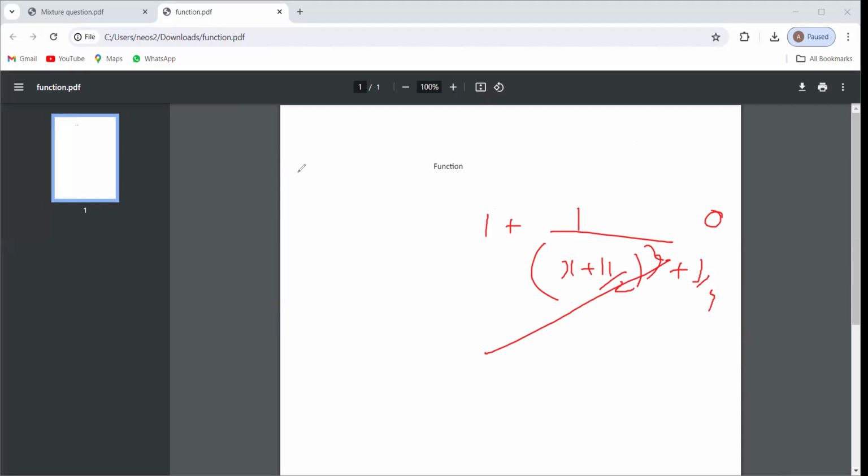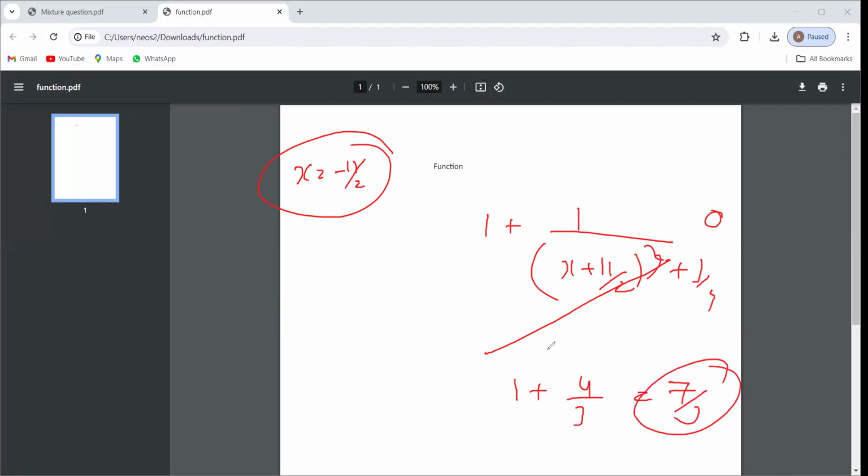At what value will it be 0? Infinity. Right? What will be the answer? 1 plus 4 by 3, that is 7 by 3. So what will the range be? 1 to 7 by 3.